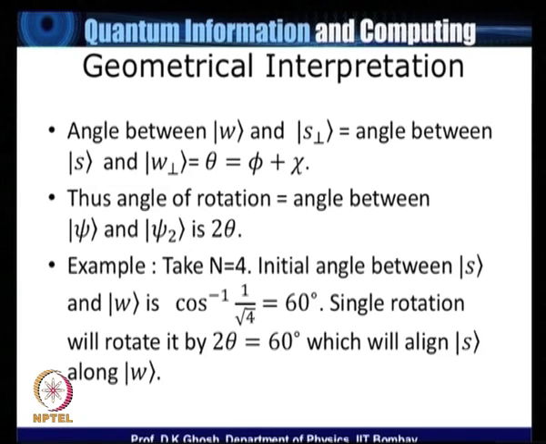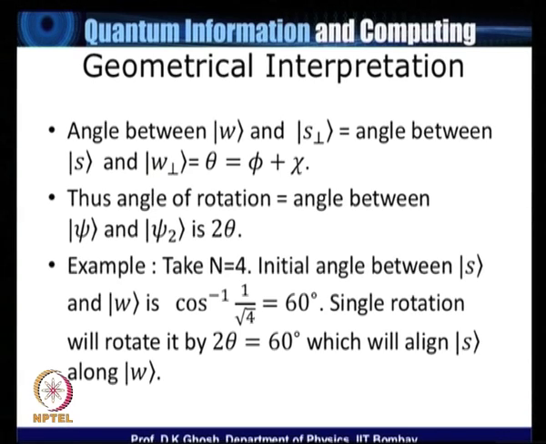Suppose I take just 4 elements. Of course, you would say 4 elements is so trivial that I could do it classically, but that's not the point. The point is that if you have 4 elements, in principle to find a match, you need on an average, 3 will definitely make sure which it is, but on the other hand, let's say on an average between 2 to 3 or 1 to 3 you will take. But in this case, the angle between S and W is 60 degrees.